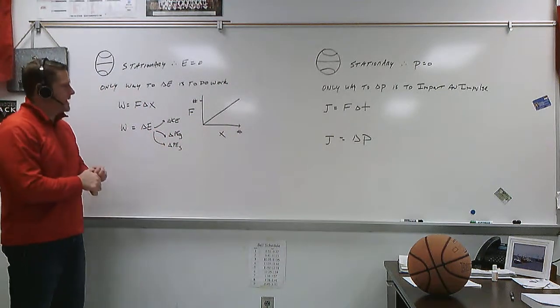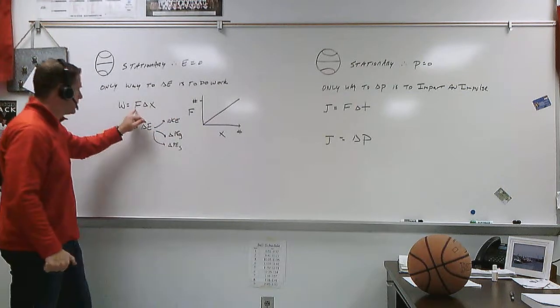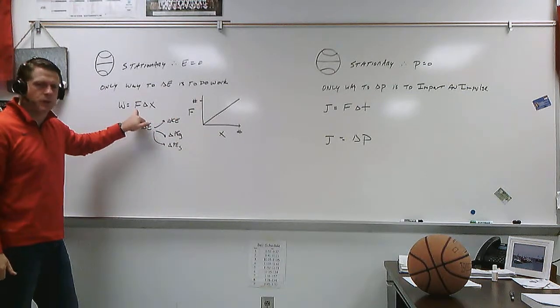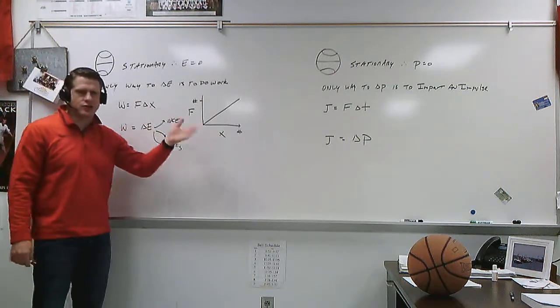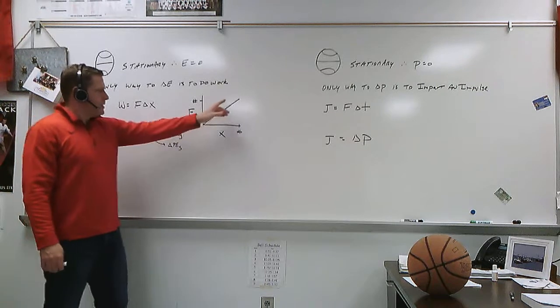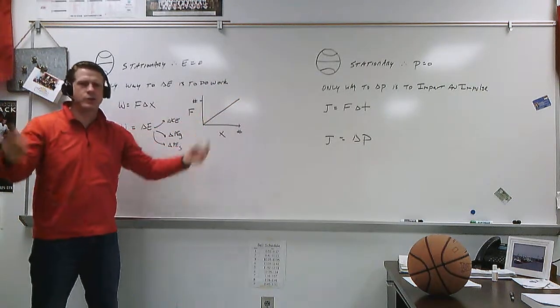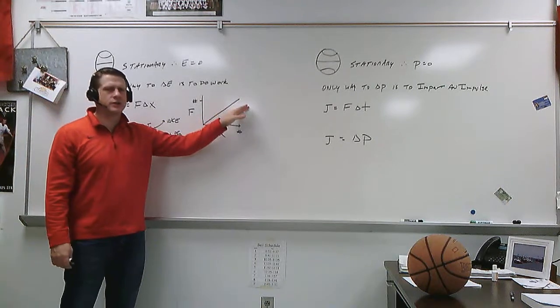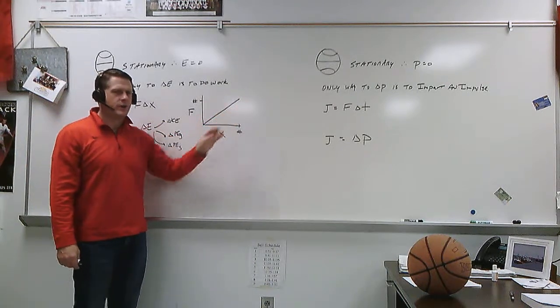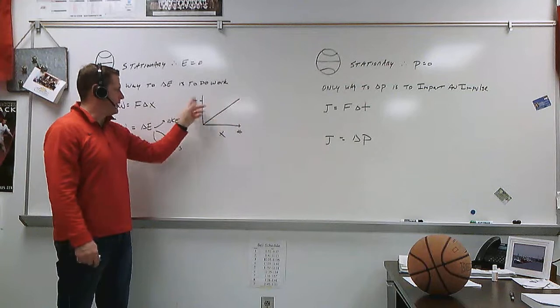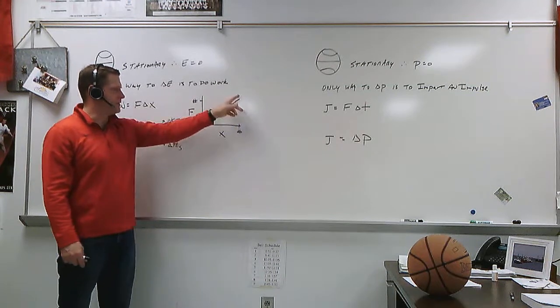But it doesn't make much sense if instead the force is a constantly varying force. So before, when I had this constant force, I just took the value for force and multiplied it by its change in distance. Well, if this number is again 10 or 100 or whatever, this graph is clearly illustrating to us that we're not pushing with this amount of force until the very end.